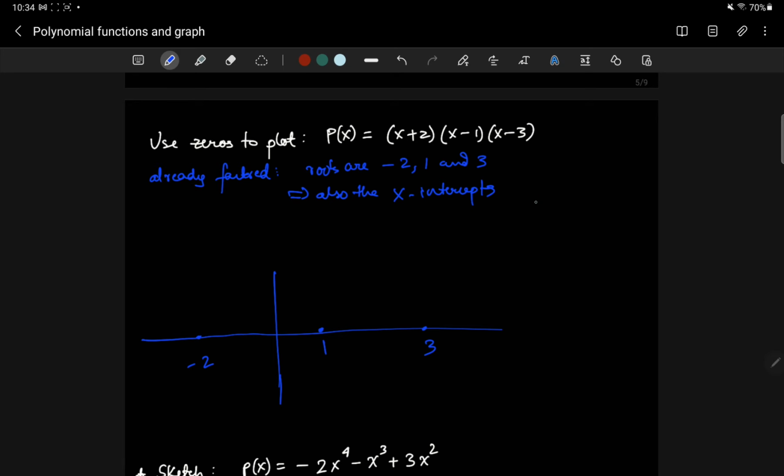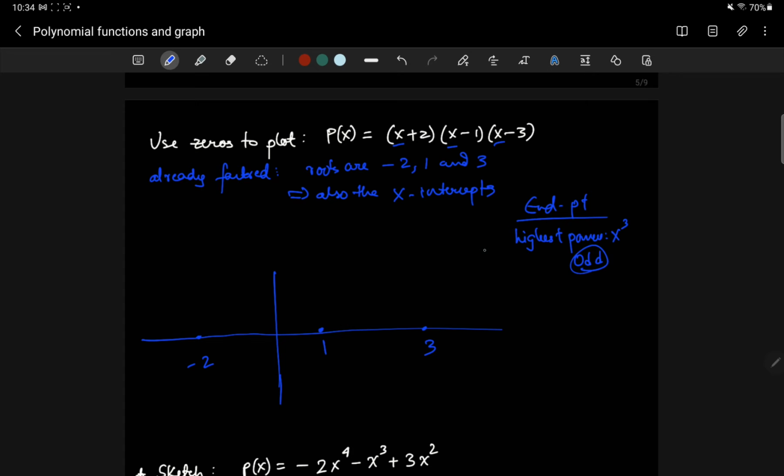Okay. Next is end behavior. Now, for end behavior, the highest power of x is x cubed, which means it is odd, and it's not negative.